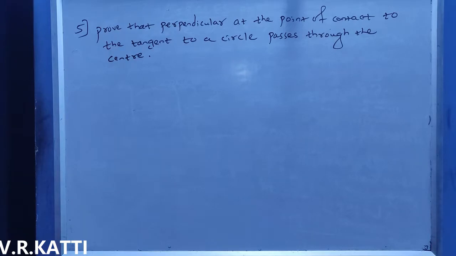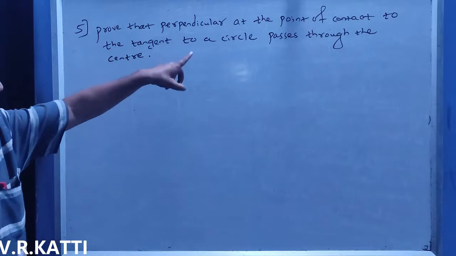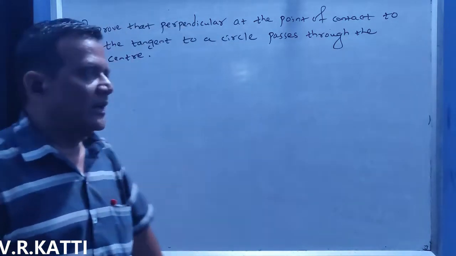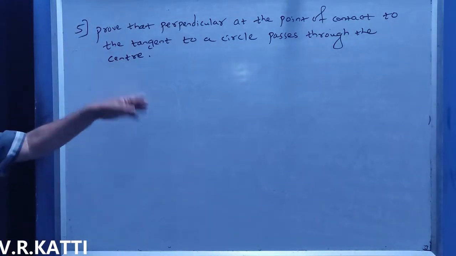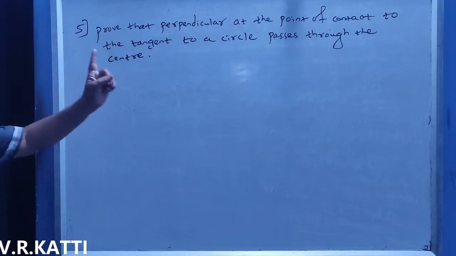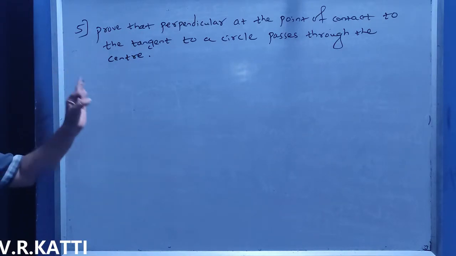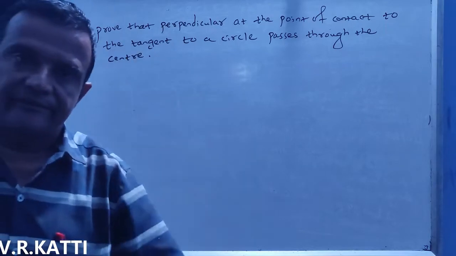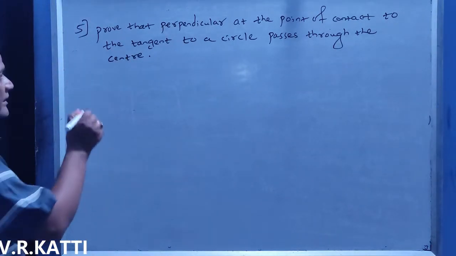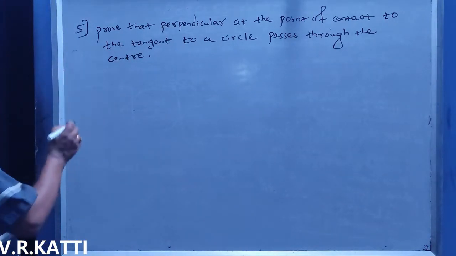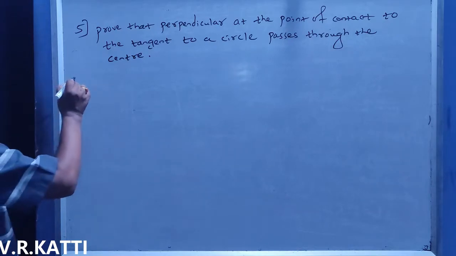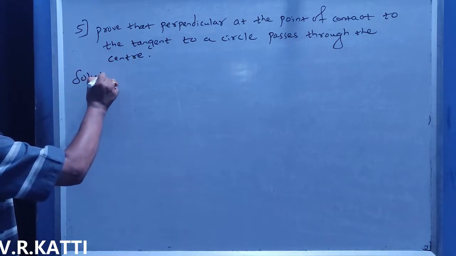Yes, students, the fifth problem is: prove that the perpendicular at the point of contact to the tangent to a circle passes through the center. Yes. First, according to the statement, draw a circle. Solution.